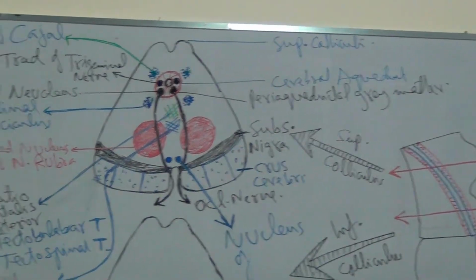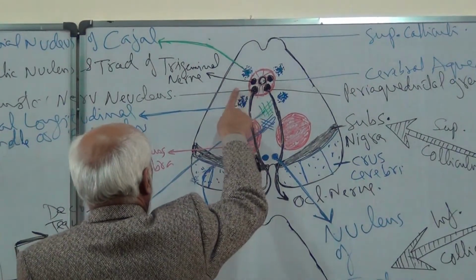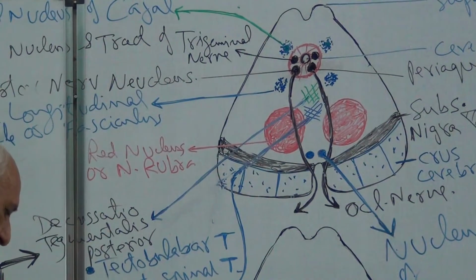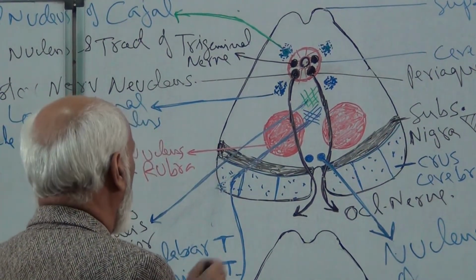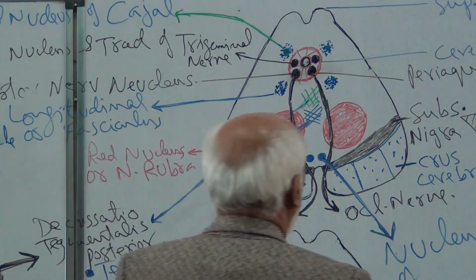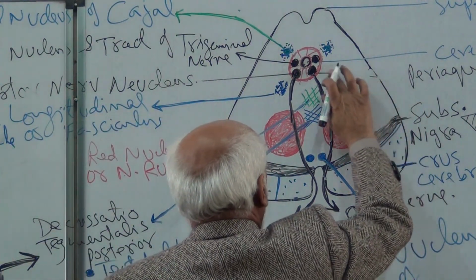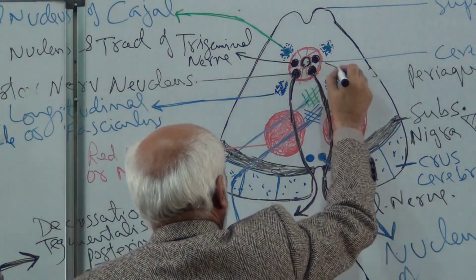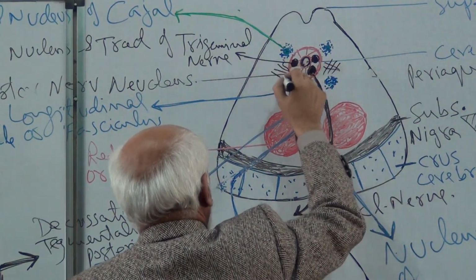Now, lateral to the cerebral aqueduct and central gray matter is the reticular formation on each side.